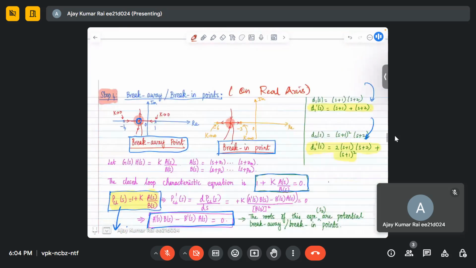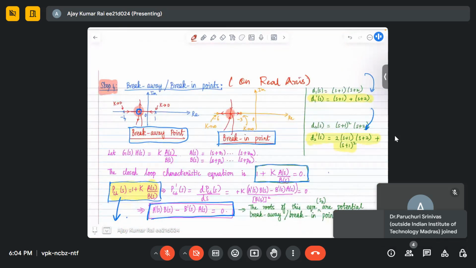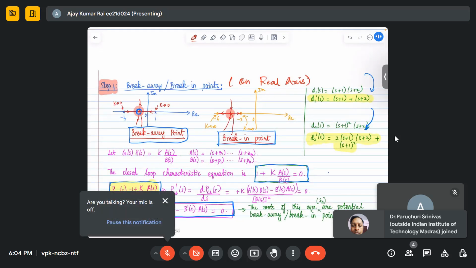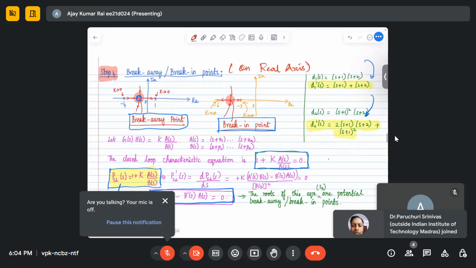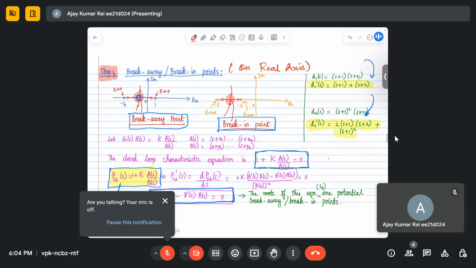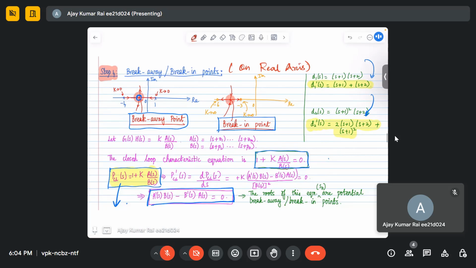The next one, step 4, is the breakaway point and breaking point. If we have two poles on the real axis and the root locus is breaking from the real axis into the complex plane, then we say it's a breakaway point.